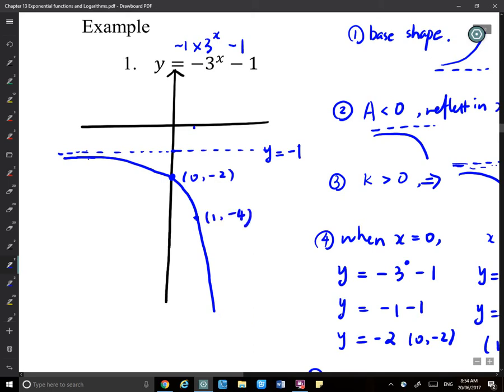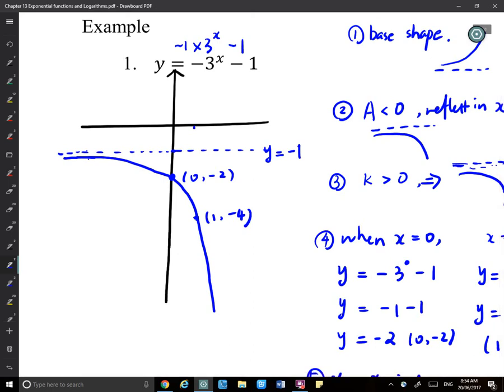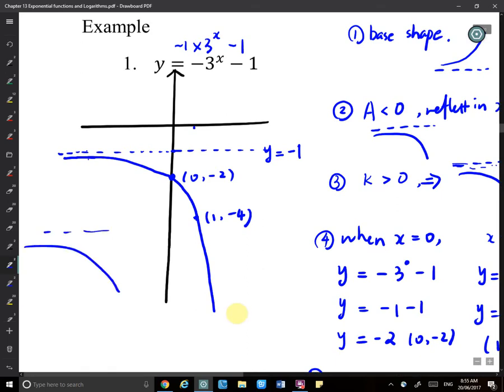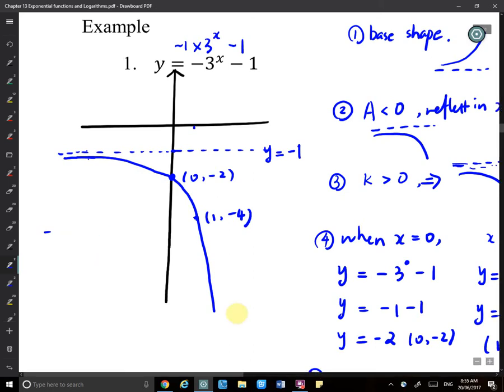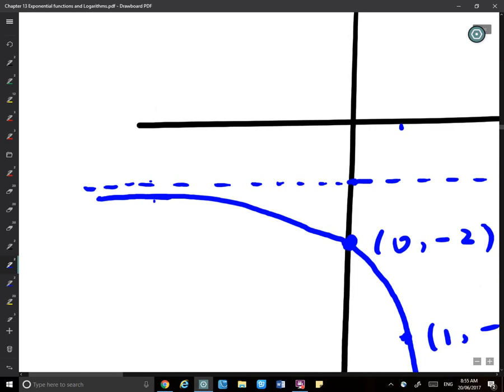Just want to emphasize that again. When you sketch asymptotes, the asymptotes must be longer than the graph. You cover the part of the graph. You can't have the asymptote here and your graph like that. It doesn't make sense. So asymptotes must be beyond the graph, and the end of the graph must be parallel to the asymptote.